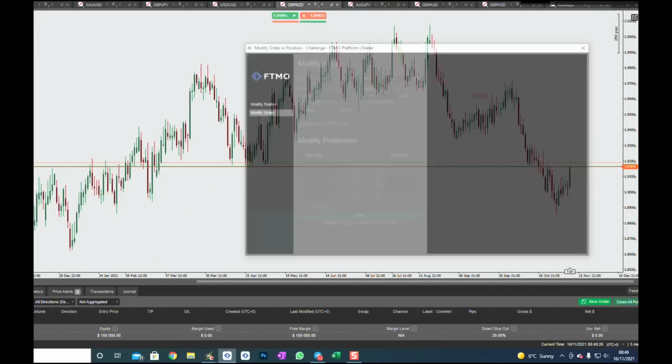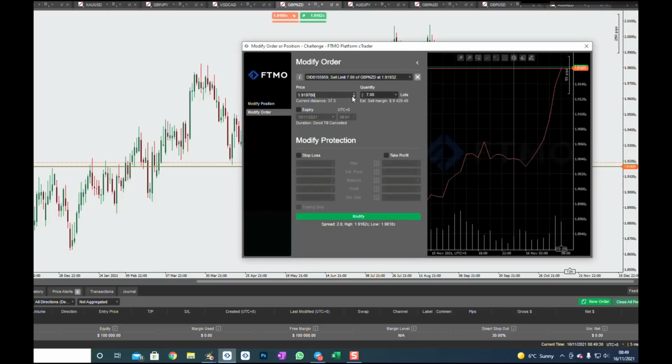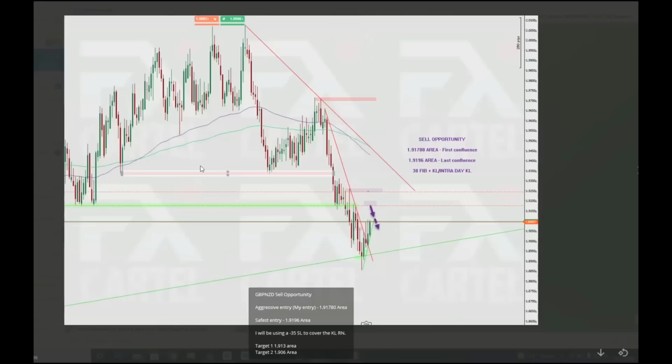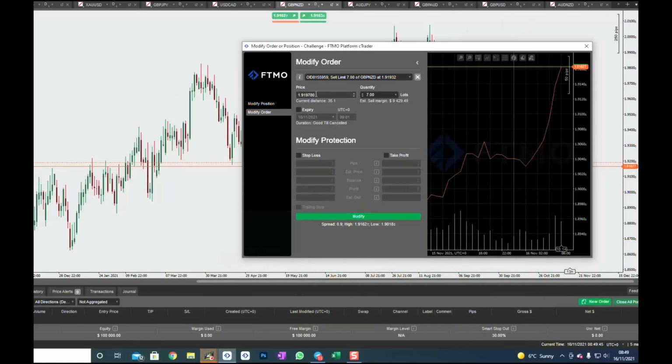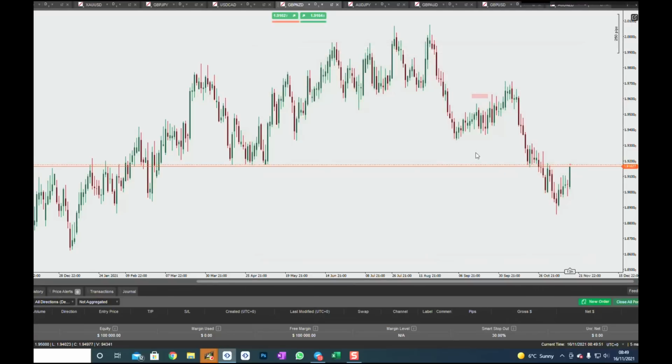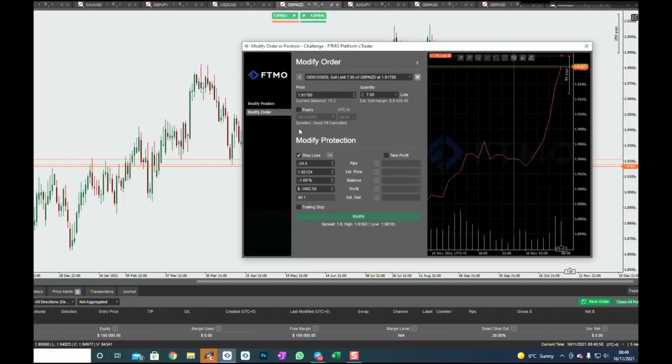So it was 1.78. What's the stop loss? 35.